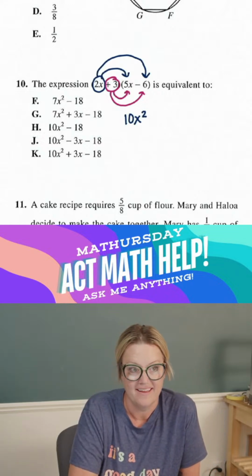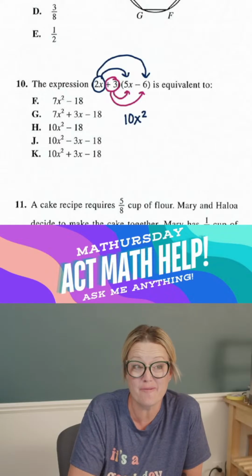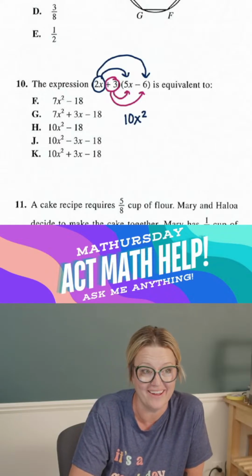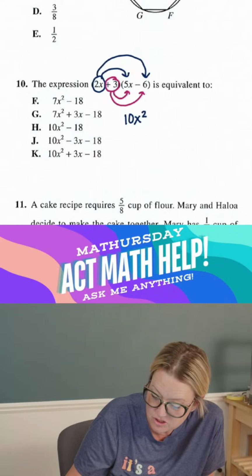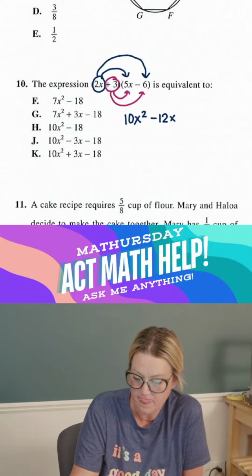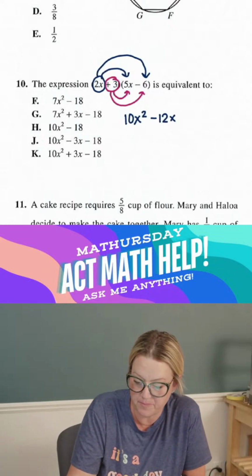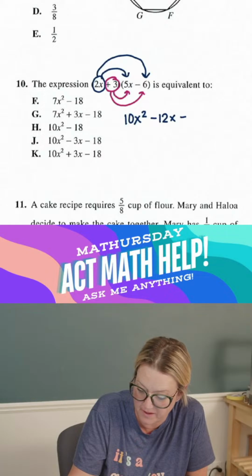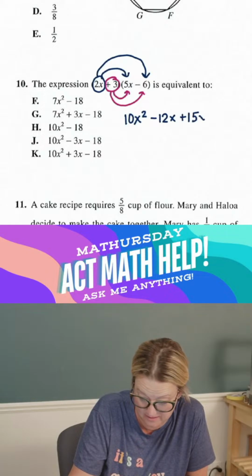Okay, so I can use the FOIL method, yep. Okay, and then I do 2x times -6, that's going to be -12x. Okay, and then I have the plus 3 times 5x, which would be plus 15x.